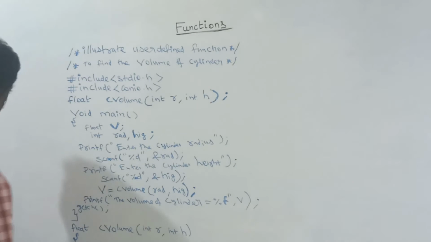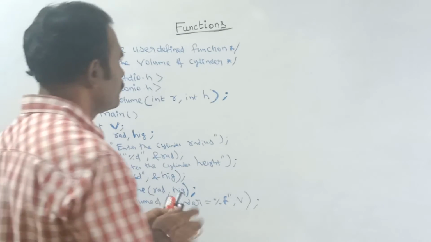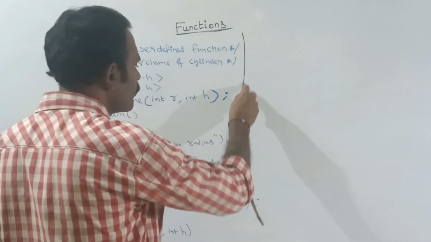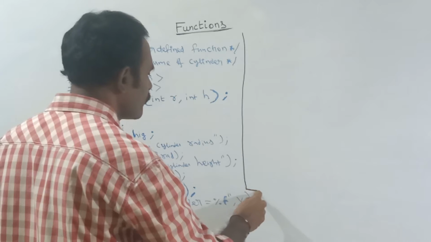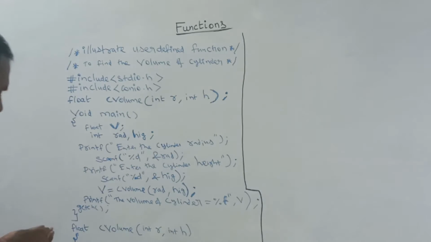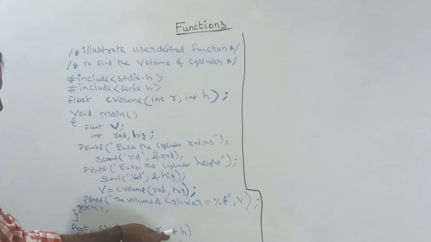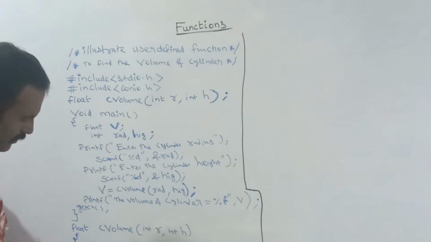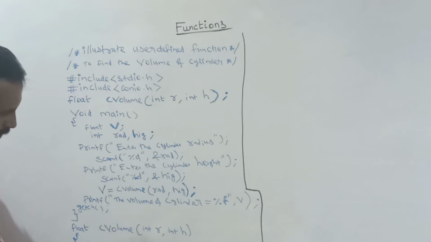After that open brace, inside the braces we can write the code. This is the argument list, 2 types of argument.